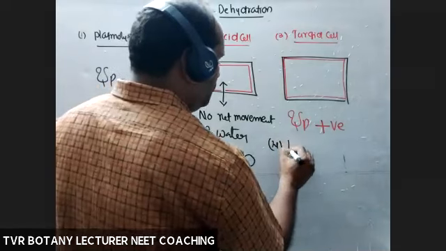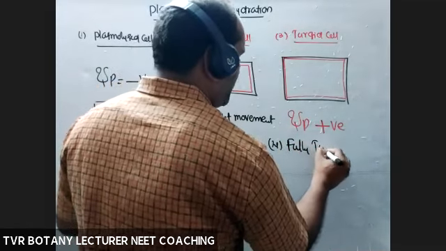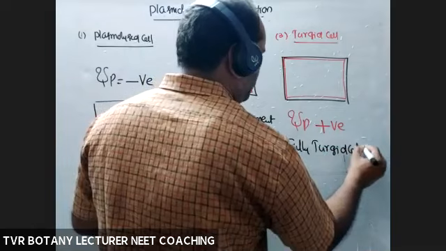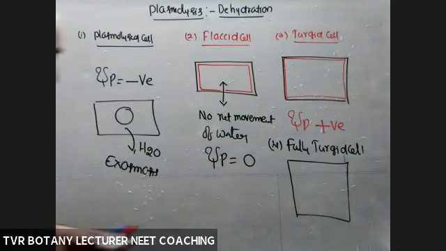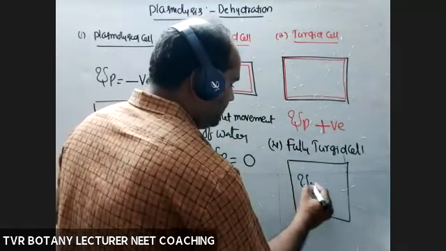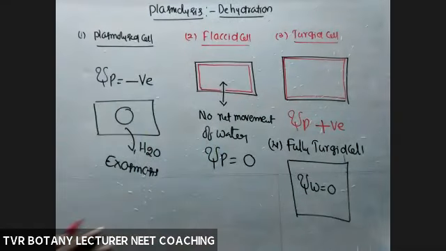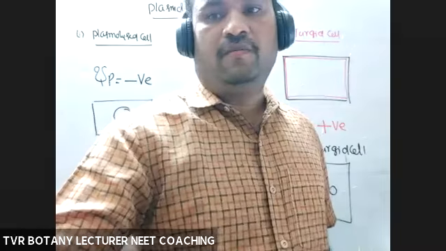If they question you about a fully turgid cell: in a fully turgid cell, the Psi-W value is 0. Remember these are dialogues; definitely they will ask these questions in the NEET examination. In a fully turgid cell, the Psi-W value is 0, right? So that is about plasmolysis.